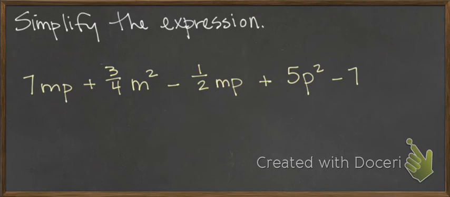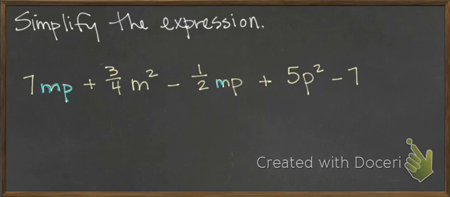I'm going to leave it as fractions. So if I look at this, which of these terms are like terms? Again, notice the terms are separated by your plus or minus signs. So we have 5 terms that we are looking to see if we can combine any of them. If you just start with the first one, this one has an MP. Are there any others that have an MP with no exponents?